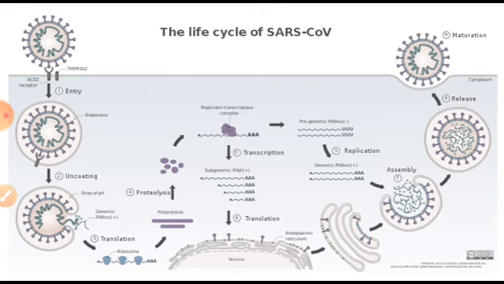Sometimes by using these proteins directly, it will go for the assembly, right? And once all the required genetic material like nucleic acids, as well as some required proteins, have been formed, it will go for assembly, and after assembly it will be released from the body as a matured particle. So this is the way the life cycle of SARS-CoV works.